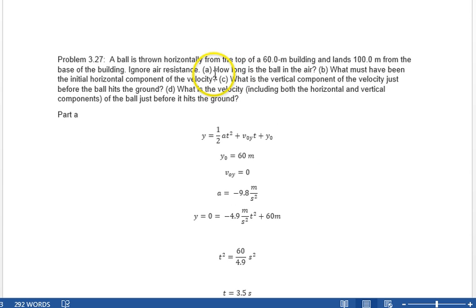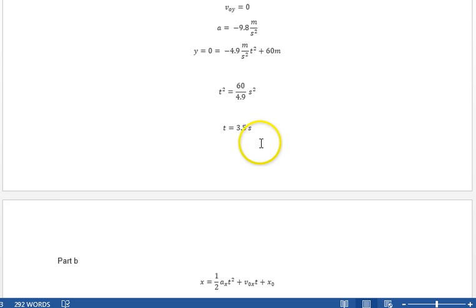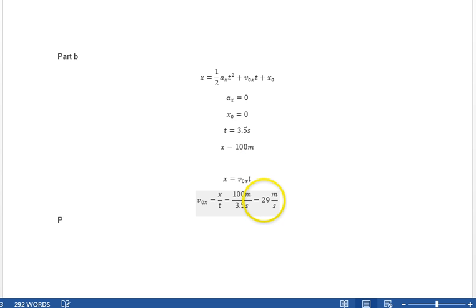Part C, what is the vertical component of velocity just before the ball hits the ground? All right, just before the ball hits the ground. So part C. Now we're back to the y-axis, right? Vy is acceleration in y times time plus the initial velocity in y.